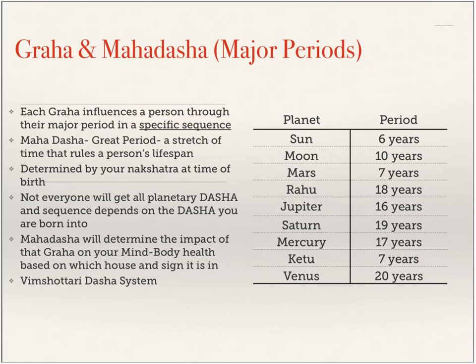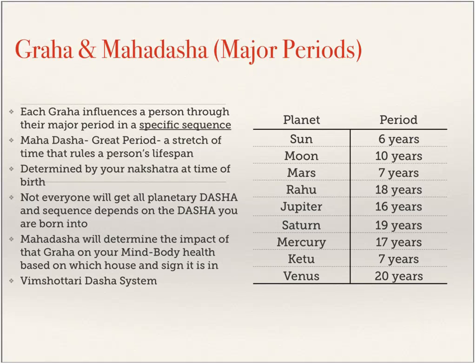Okay. The other thing I wanted to touch on is that each planet, each graha, exerts its influence in your life through a mahadasha or through a major period. So every person goes through a major period in a specific sequence, and the sequence is listed here on this table, right?